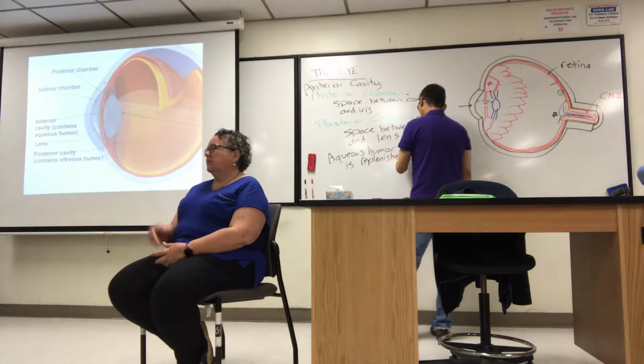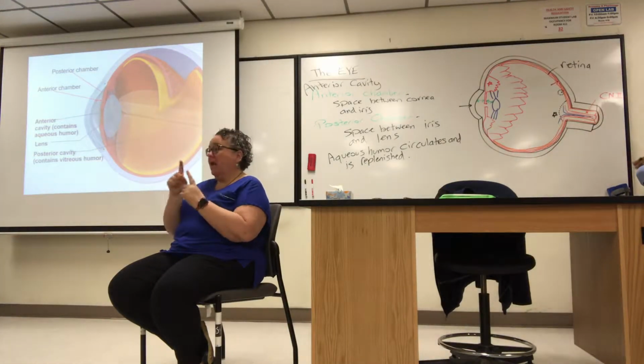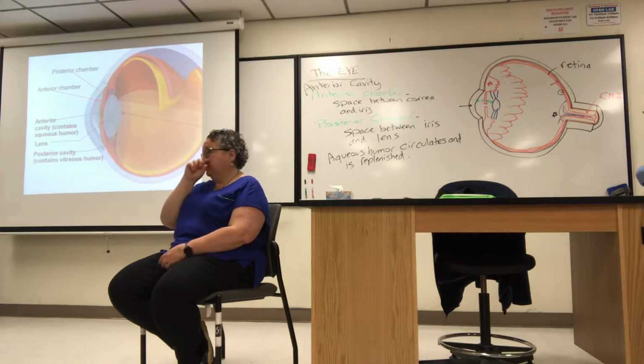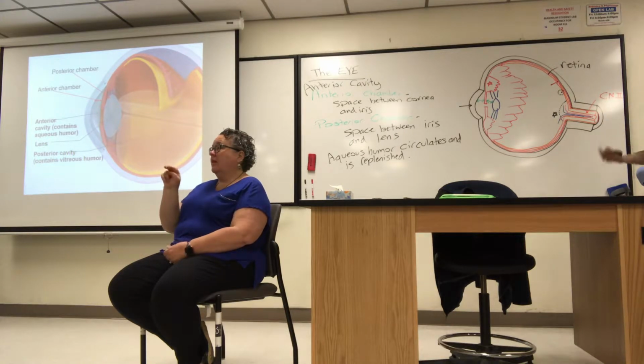We don't have to know how it circulates, but like I said, if the circulation is impeded, pressure can build, causing glaucoma. Well, anyways, posterior to the lens, we call that the posterior cavity.